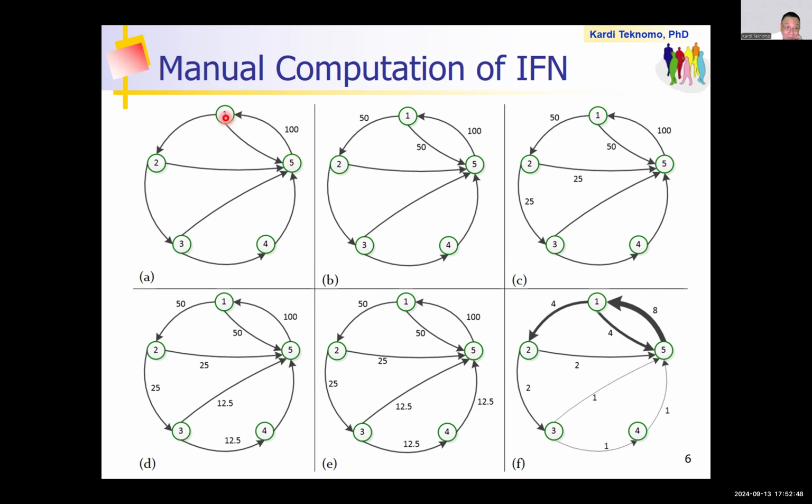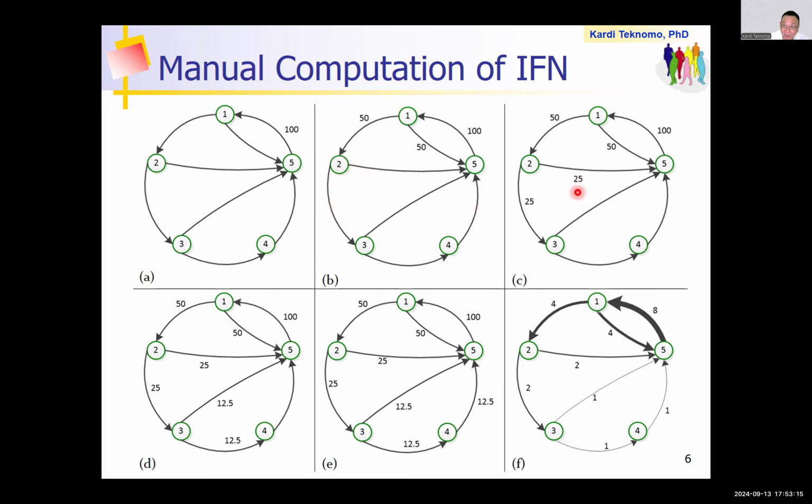From node 1, I distribute equally, so 50-50. Now 50 reaches node 2, what will you do? You distribute it into 2 links, right? In that case, 50 divided by 2, 25, 25. Is that okay?